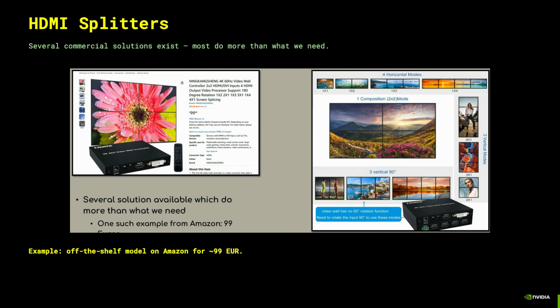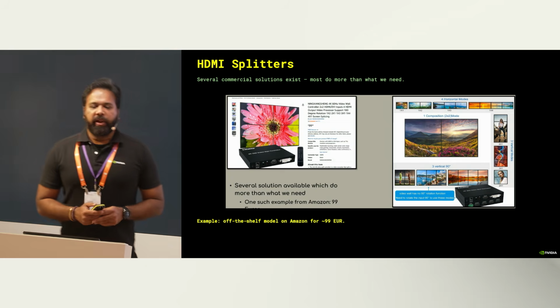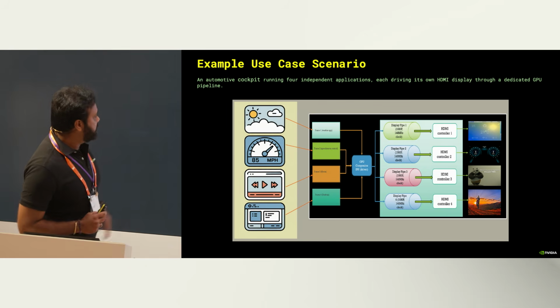On the right side, this is a 99 euro splitter already available on Amazon Germany. I've just taken the snapshot from there. You can configure the splitter into 1:4 mode, 3:3 mode. It just knows that if you give it a big buffer, it knows how to split it into small buffers and send them to multiple displays. So 1 HDMI in, 4 HDMI out.